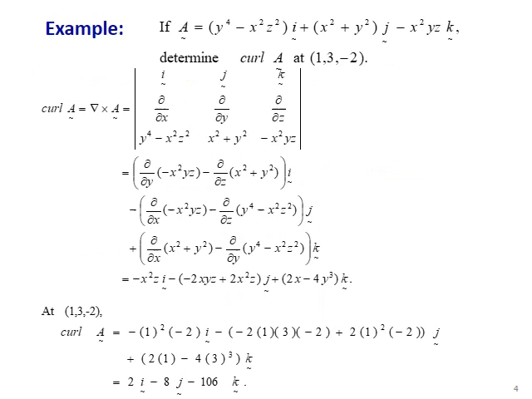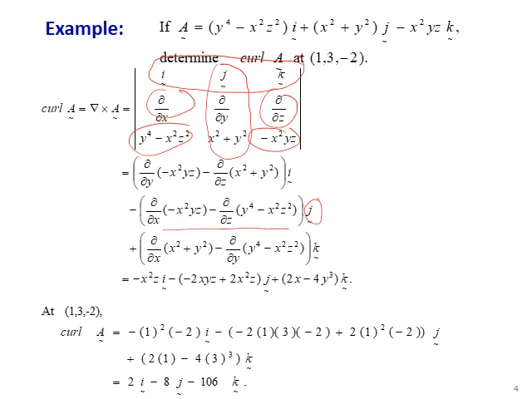As in the previous example in div last week, I took i. Let's take j here, you see this is j. Then this element times this element minus this element times this element. I put them as you can see here, and the same thing for k. You do the same procedure.